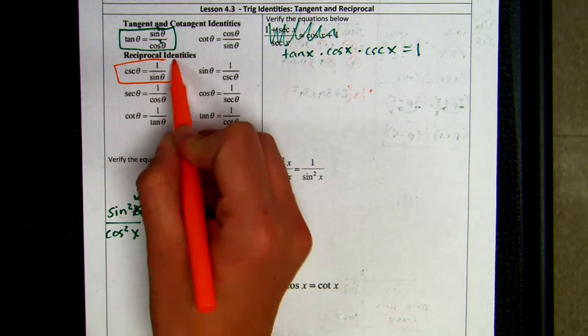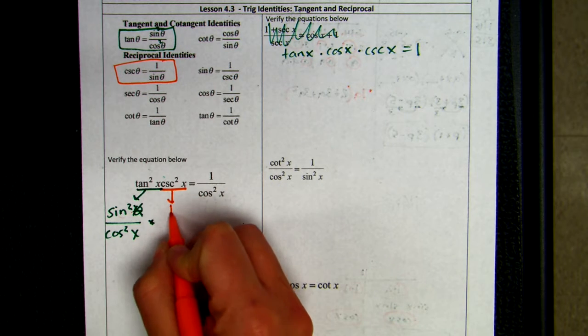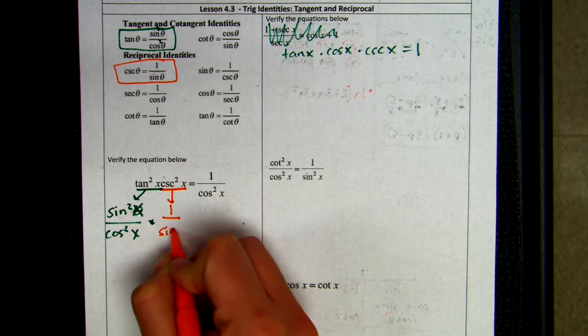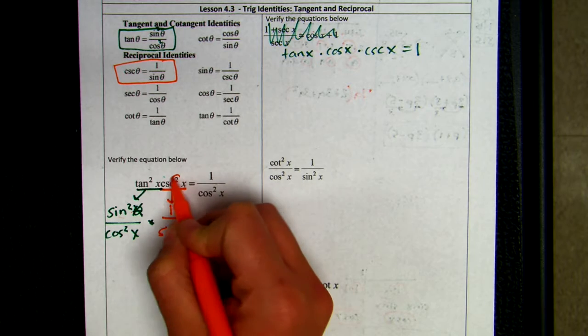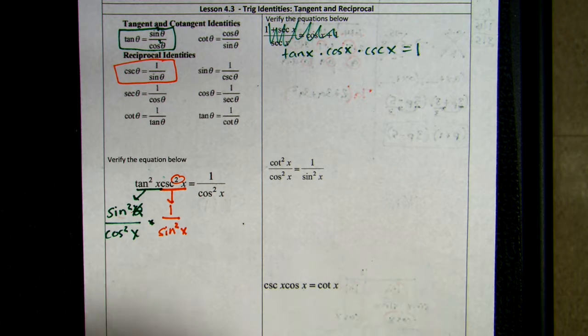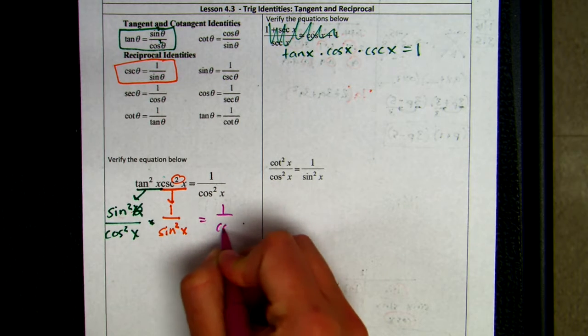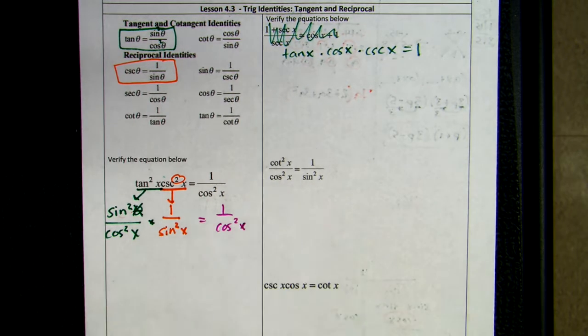So I'm going to use this identity for cosecant and rewrite this as 1 over sine squared of x, because again, we've got a squared here, so we have to have that with our sine as well. Okay, and that should be equal to the other side of my equation, 1 over cosine squared of x.